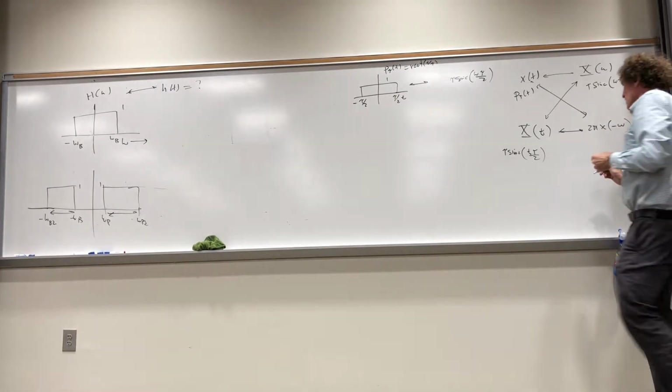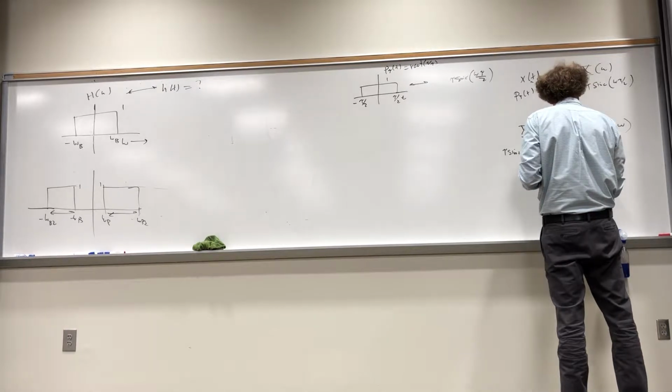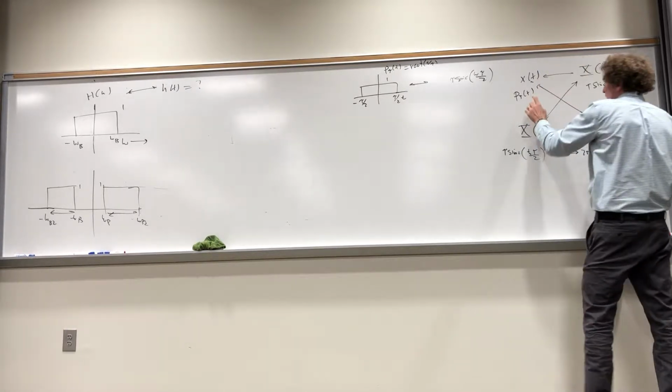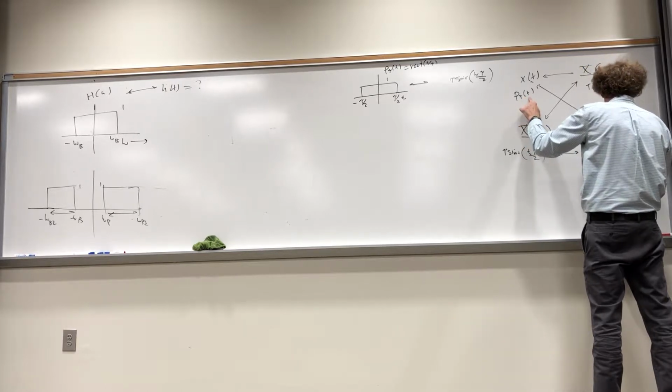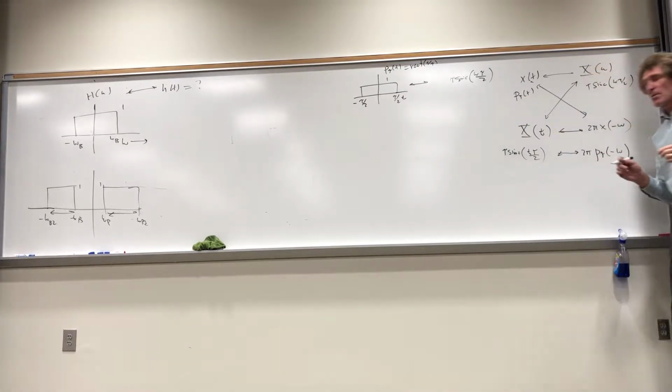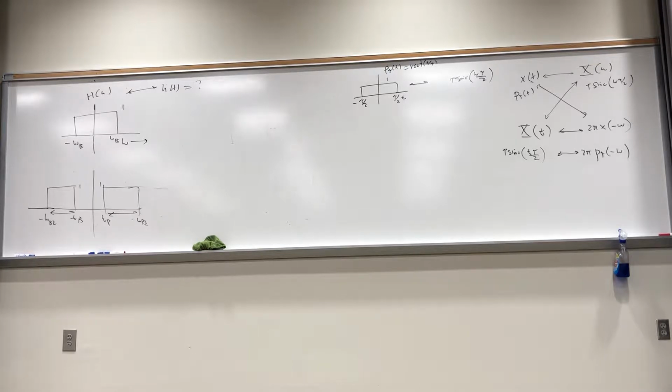Back there? All right, what do I do over here? Now I multiply by 2 pi, and I take the mathematical form here, p tau, and t is replaced by minus omega. I've done this before, but please follow me. I'm doing it for a reason. This is so important. Everybody see this? Do I need that minus in front of the omega there? Yes or no, and why? Anyone?